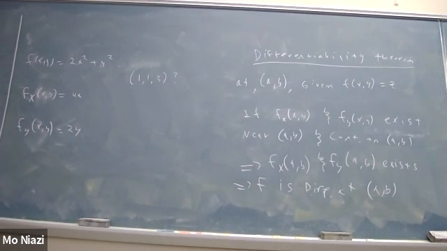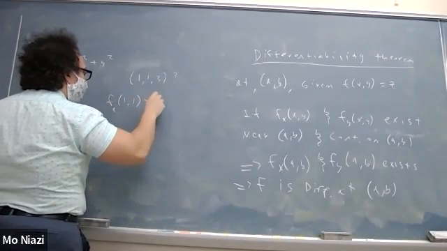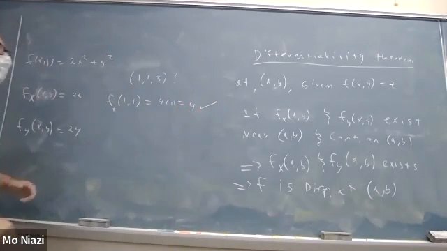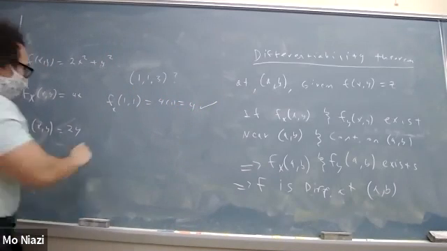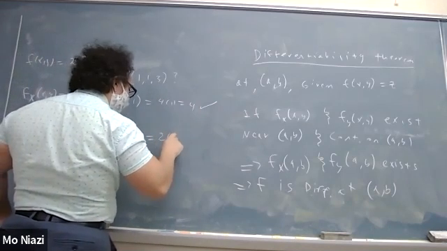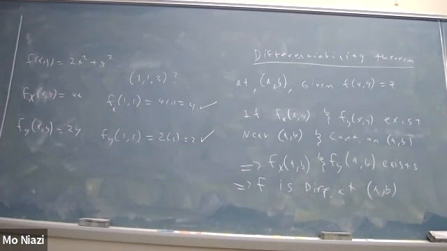So we plug the values in. So it exists, and we plug the values in. So it exists, meaning it's continuous at this point.